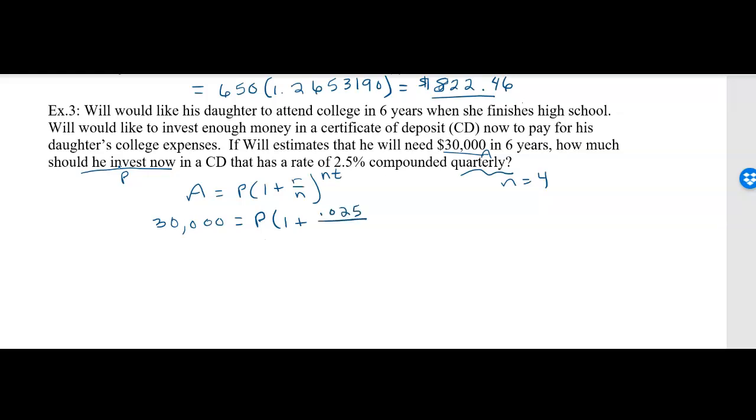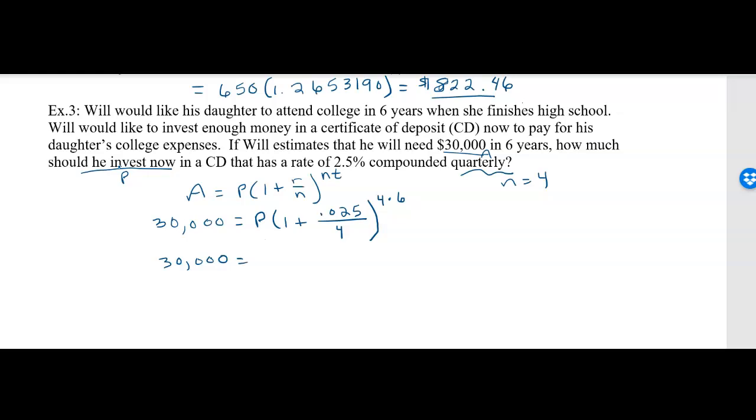Don't forget to change that to a decimal. It's probably the most common mistake I see pretty much every semester. Divided by N, which is 4, to the N times T. Well, it says he wants to put it in the account for 6 years. That's my T.